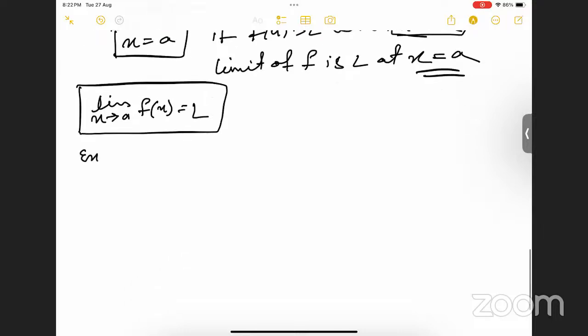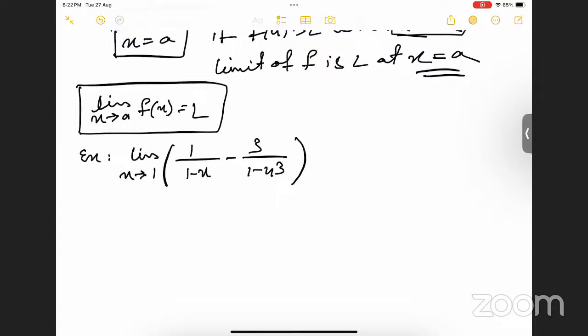So this was limit. Now let us solve some examples. Suppose the limit as x tends to 1 of 1 by (1 minus x) minus 3 by (1 minus x cubed). Let's solve it. Let me know what is the limit.